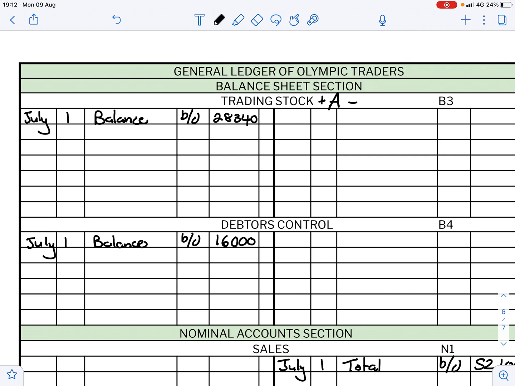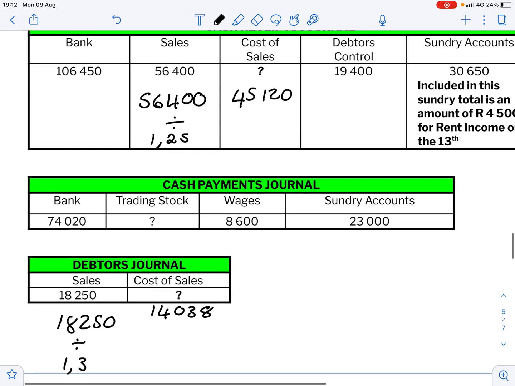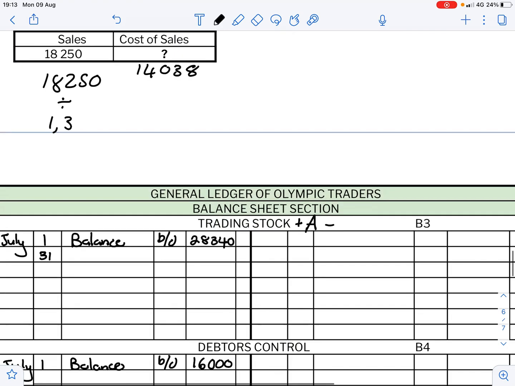Now, the way trading stock increases is we purchase more trading stock and we look at our CPJ. You'll see we also needed to work out the trading stock amount for it. If we take our 74,020 from bank, we subtract our 8,600 Rand for wages, and we subtract our sundry amounts, it should leave us with a trading stock figure of 42,420 Rand.